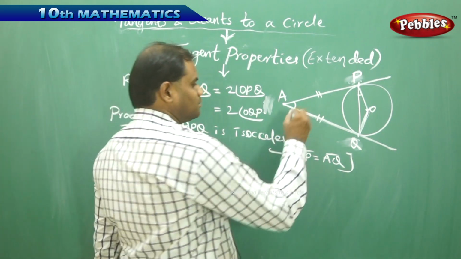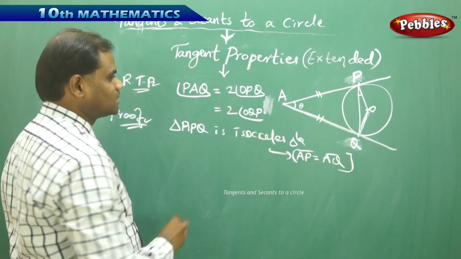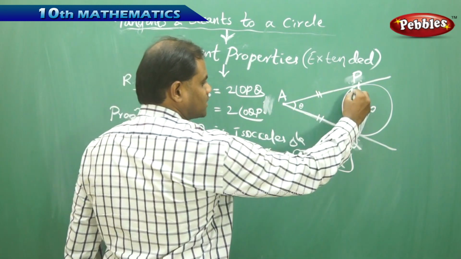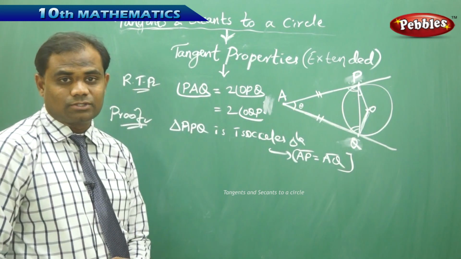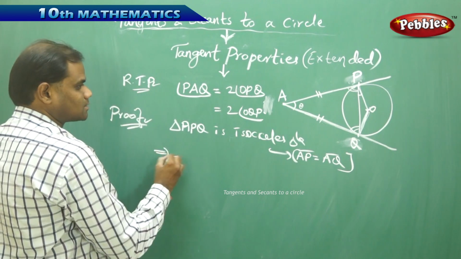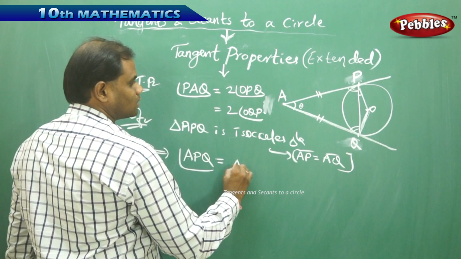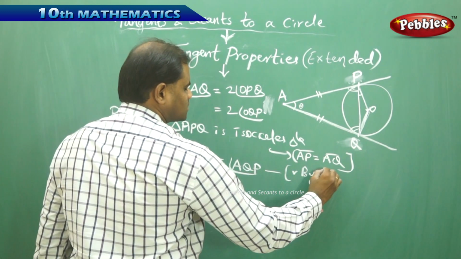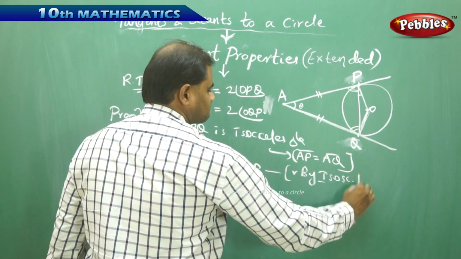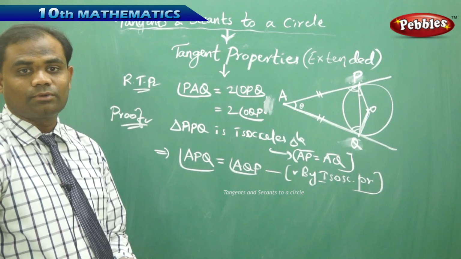Now, let me take this angle as theta. Now, clearly, if this is an isosceles triangle, this angle and this angle must be the same by the isosceles property. That implies angle APQ is equal to angle AQP by the isosceles property.